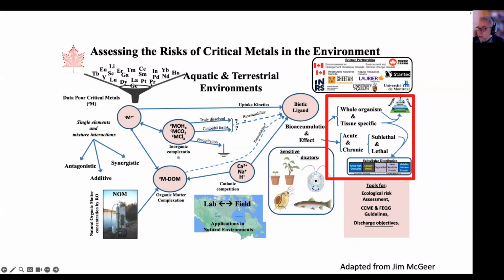It's not just rare earth elements, it's also platinum group elements and many others, lithium and so on. And we look at the speciation of these elements very thoroughly, association with organic matter, inorganic ligands, and then we look at how they can be bioavailable to organisms using a conceptual framework such as the free ion model or the biotic ligand model.